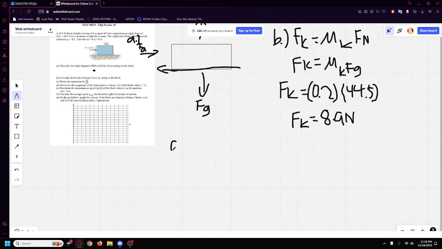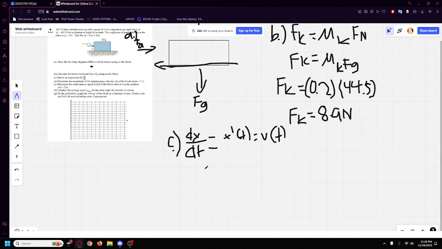Part C asks you to derive an expression for dx over dt. dx over dt is the same thing as x prime of t, which is v of t. To find v of t, we can integrate acceleration.